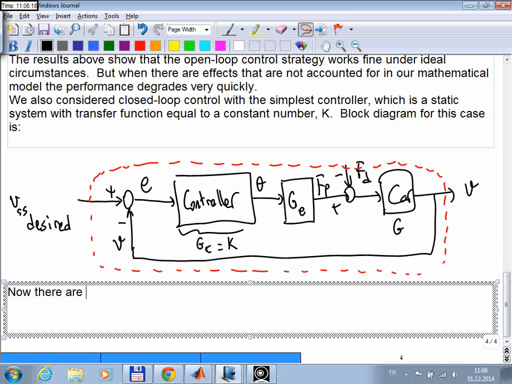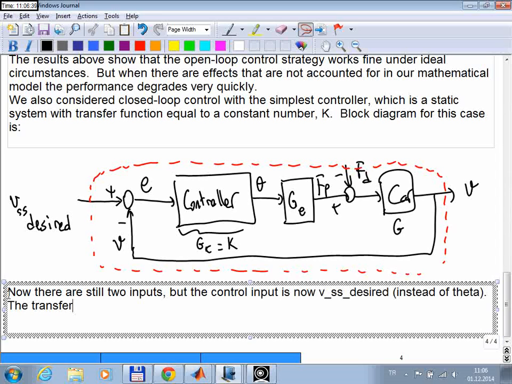Now there are still two inputs, but the control input is now V as desired instead of theta.